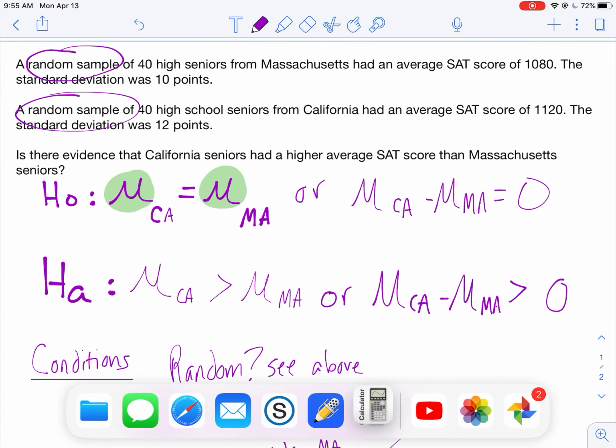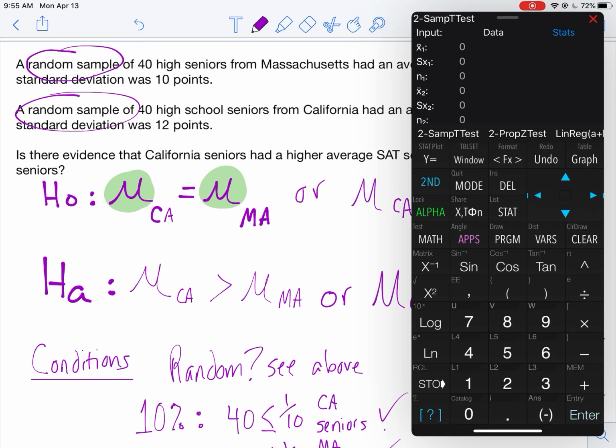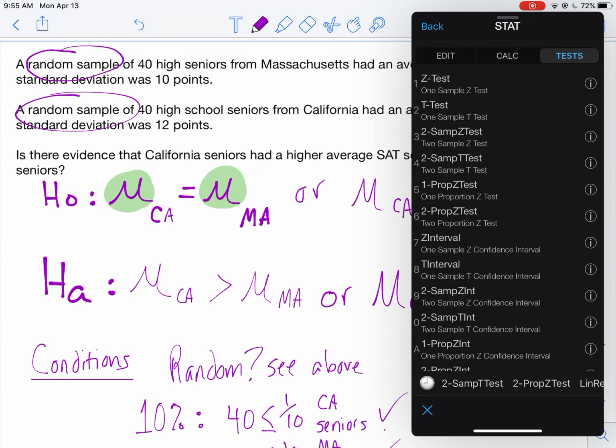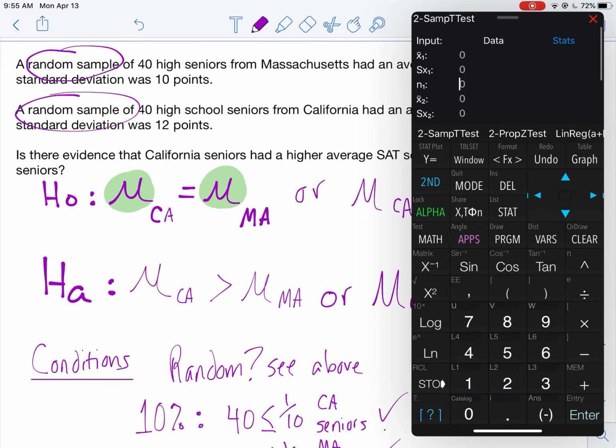So now we're going to go back to our calculator, and now we have a standard deviation. We can use it. The mean for my first sample, I'm going to go with California to enter first, because that's the one we're going to be trying to prove is greater. What do we have for our mean? 1120.